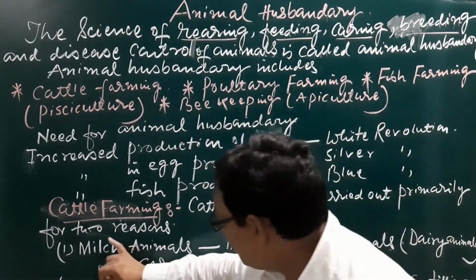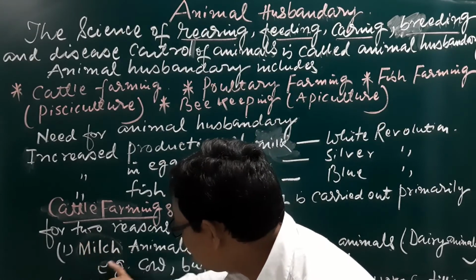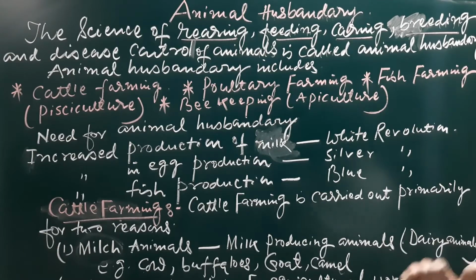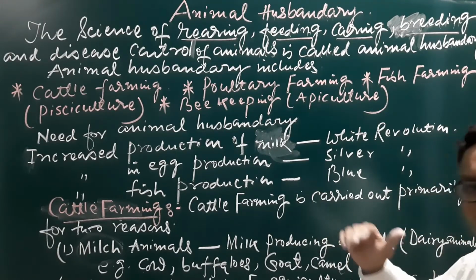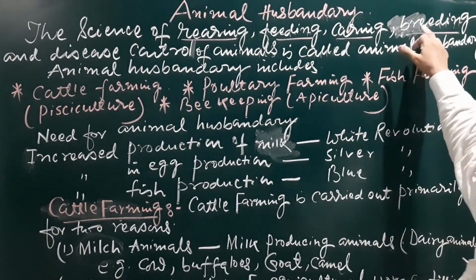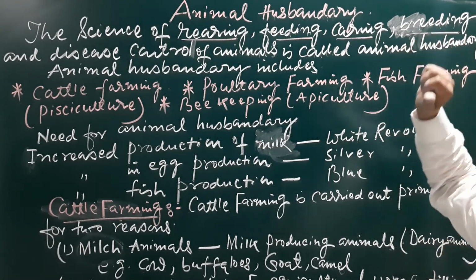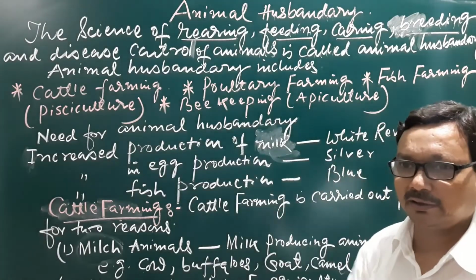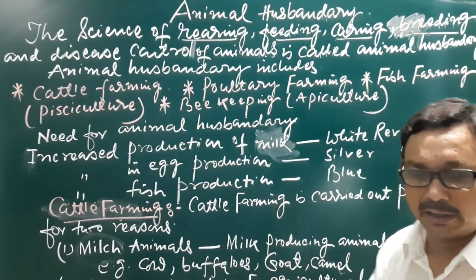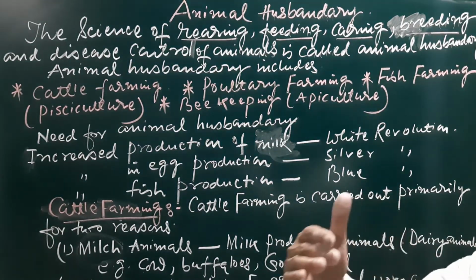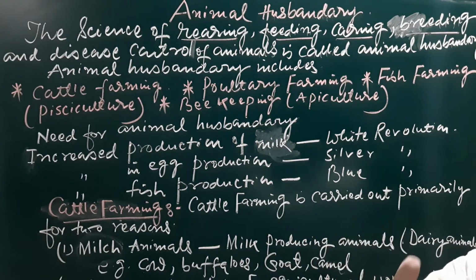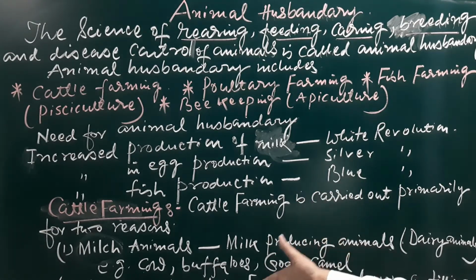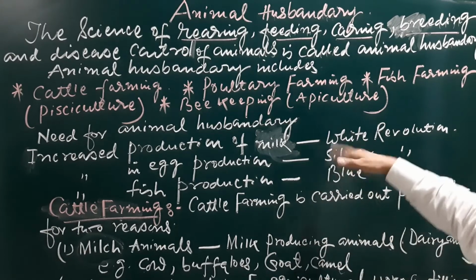How will we get a longer lactation period from this type of animal that will give more and more milk, and how will that breed become available by taking some steps, with the help of indigenous and exotic breeds? We will study all these things later on in this topic.